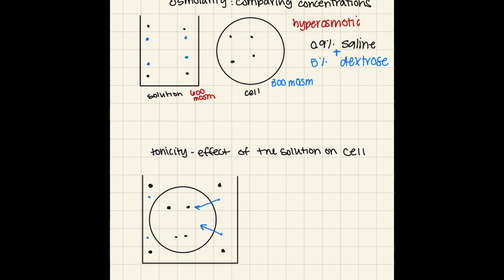But dextrose is really special because it gets metabolized by the cell. So that dextrose just goes away. And then that would happen with this molecule, and then again with this molecule. And so we end up with an isotonic solution, even though we had a hyperosmotic solution.